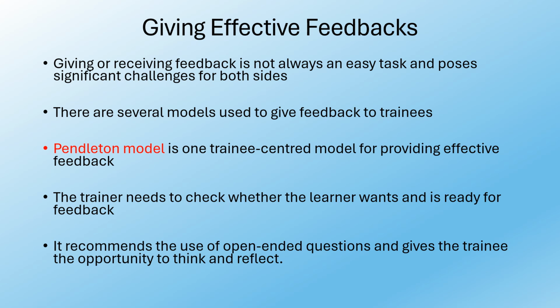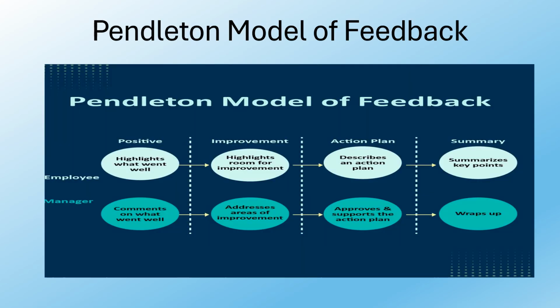The trainer in this model needs to check whether the learner wants and is ready to receive feedback. It is recommended that the trainer uses open-ended questions and gives the trainee the opportunity to think and reflect.